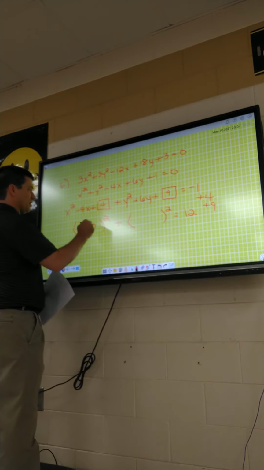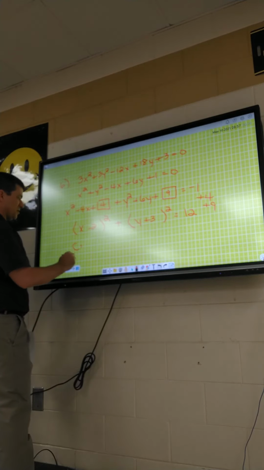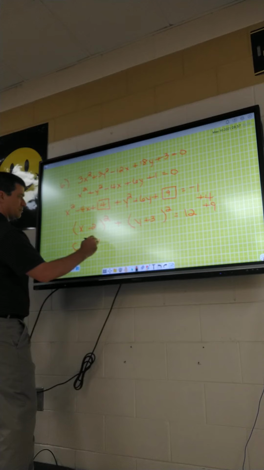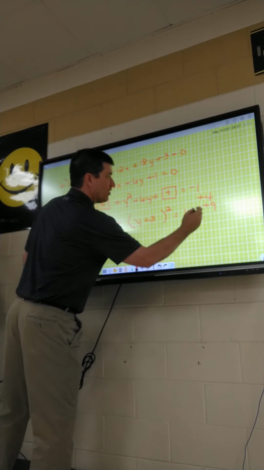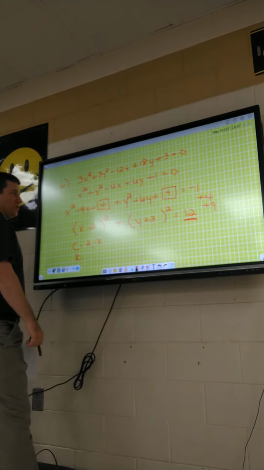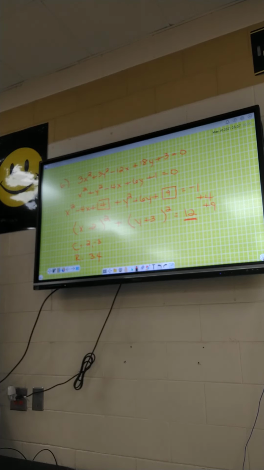So we got x minus 2 here, y plus 3. All right, LeVar, what's my center? 2, negative 3. How do I find my radius? Take the square root of 12, because I had to add these 3 numbers up. I got 12. So find the square root of 12 for me real quick. 3.4. All right, you guys do 7 on your own.